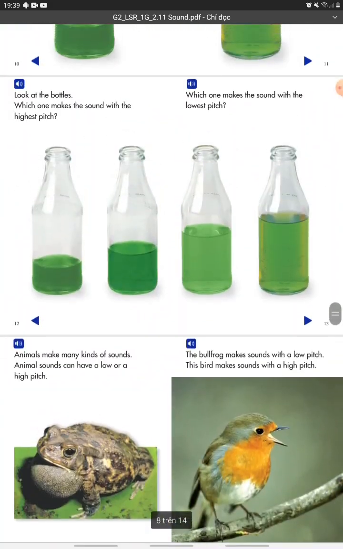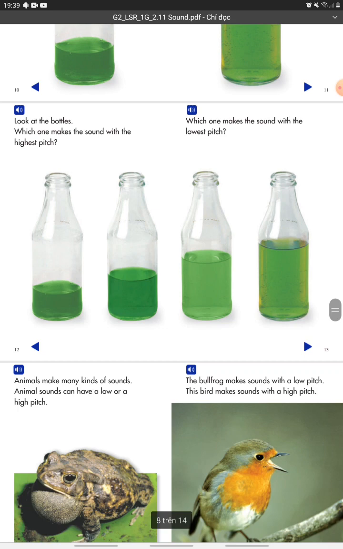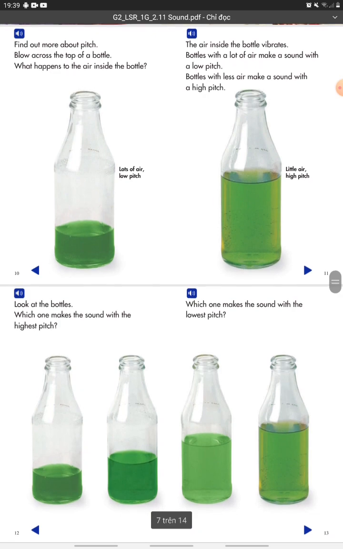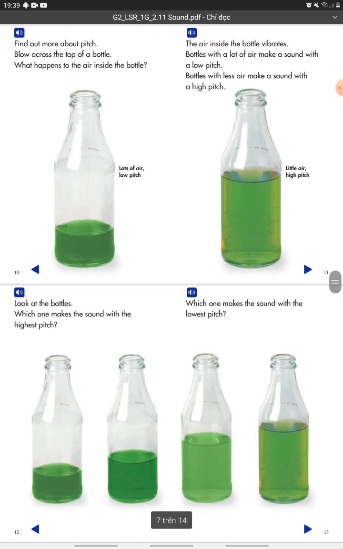So like this bottle is filled with water, and since water is a liquid, you can actually make sounds by blowing on the top part.